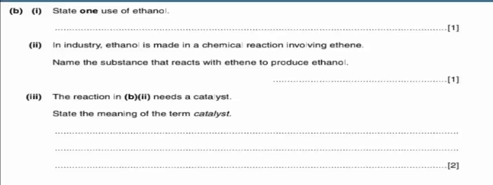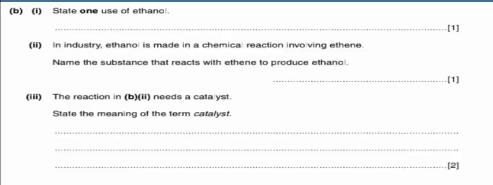This one is the industrial preparation of ethanol. So here ethene is going to be reacted with steam. You can say steam or water, it's up to you. Usually this process is called a hydration reaction. That's the answer.